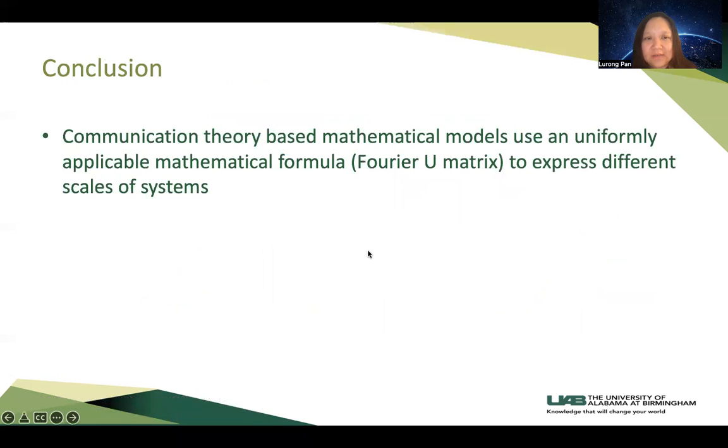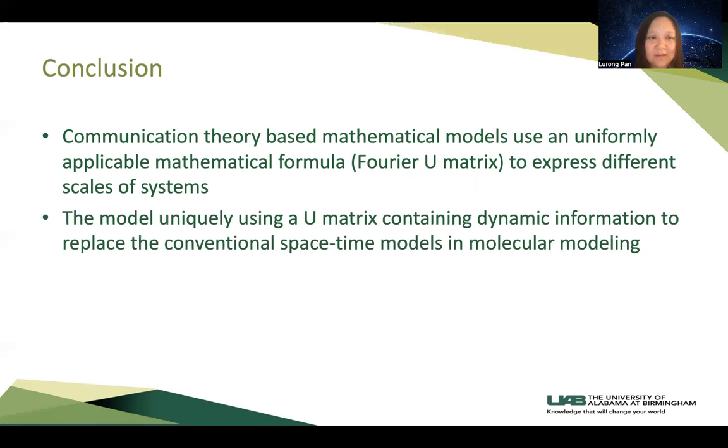So for communication theory, we get the conclusion that it is a uniformly applicable formula, able to express different scales of systems with pretty low computational cost and high accuracy.